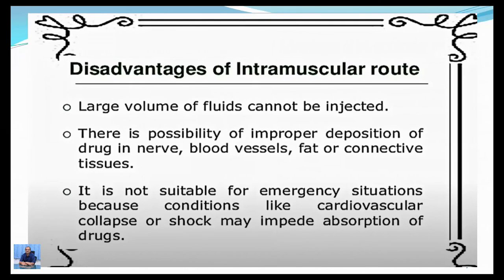It's called implanted, and very slow absorption takes place. That's known as the depot preparation. For example, Prolutan depot is a preparation containing progesterone, because progesterone requires, especially in threatened abortion, a constant quantity to be maintained over a long period of time. Hence, these are known as depot preparations.